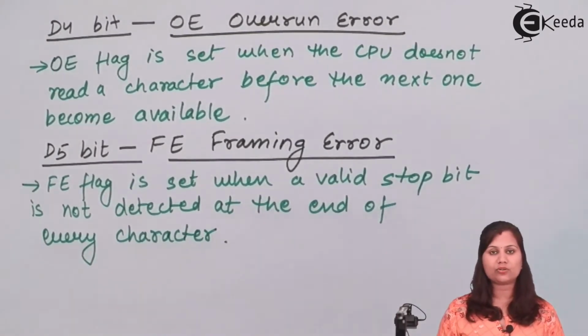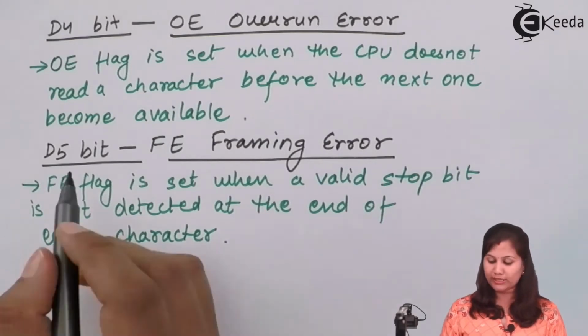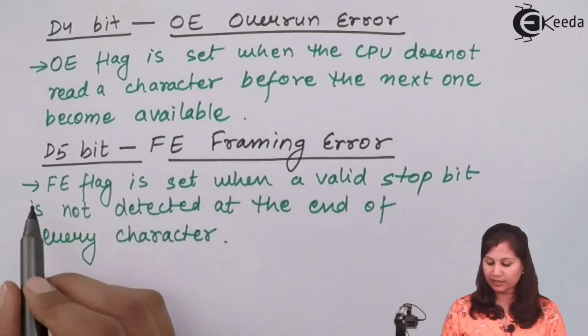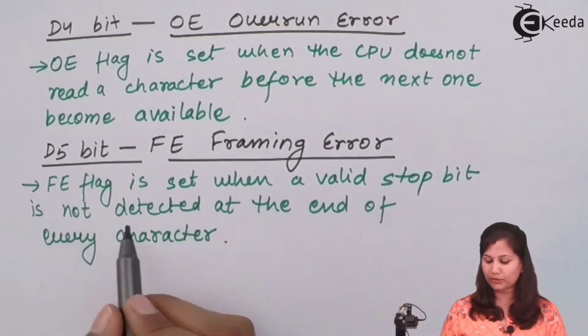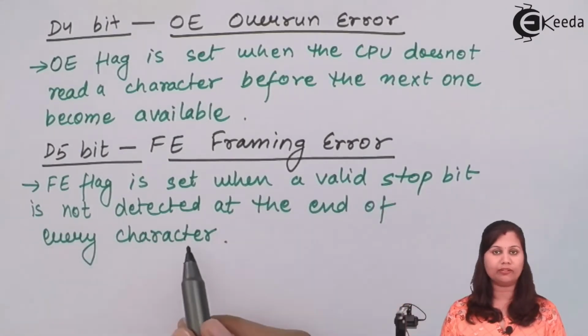Now when the data is transmitted, then framing is done. Framing means that start and stop bits are defined with the data. The start bit defines that from the next bit the data is starting. The stop bit defines the end of the data. So this framing error flag is set when a valid stop bit is not detected at the end of every character.